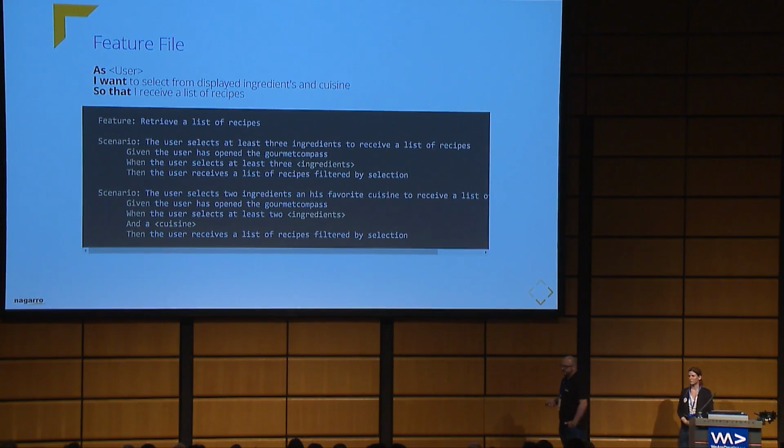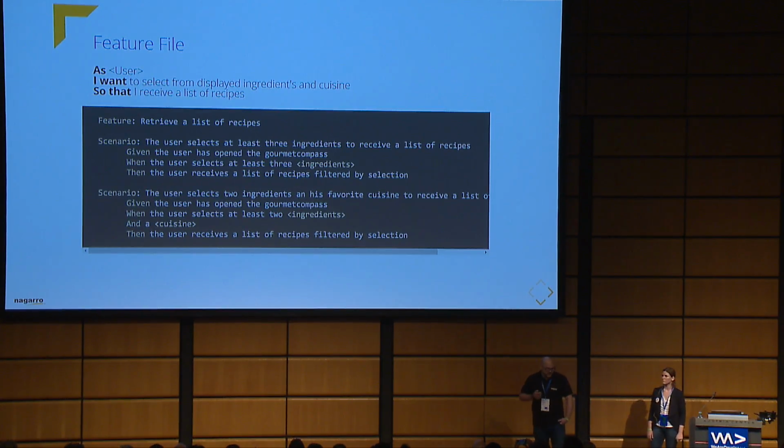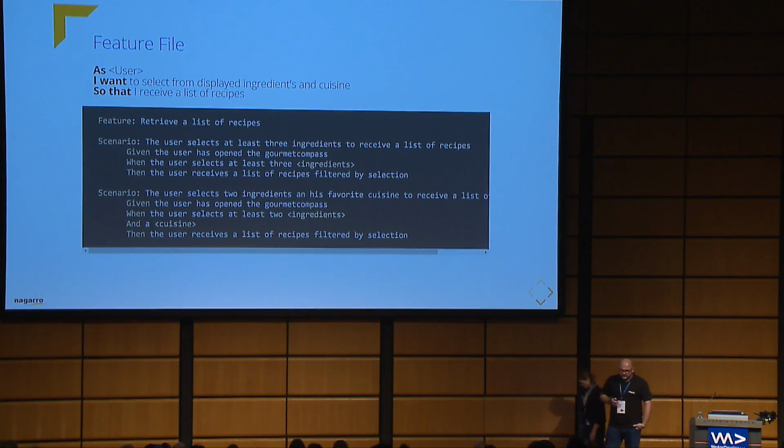You can use it as a specification, as an executable specification, as a living documentation, as well as a UI test case. A feature file contains a couple of keywords, which is obviously feature, which describes very simply the feature which should be tested.